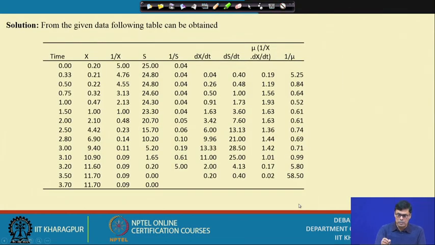Now, this is the table that you can see, and different values are given. This is the x value, 1 by x value, 1 by s value, dx by dt. This is how we can find out, and then we find out the mu value, which is nothing but 1 by x dx by dt. Then 1 by mu value we can find out.